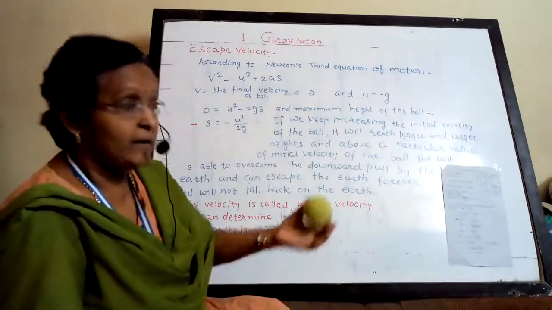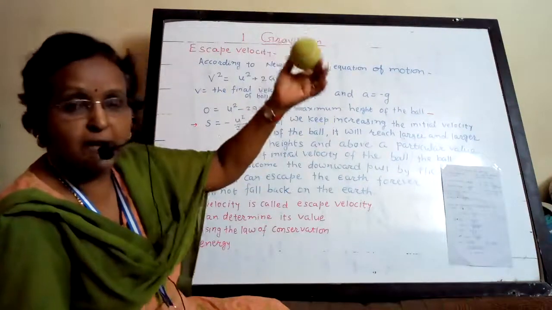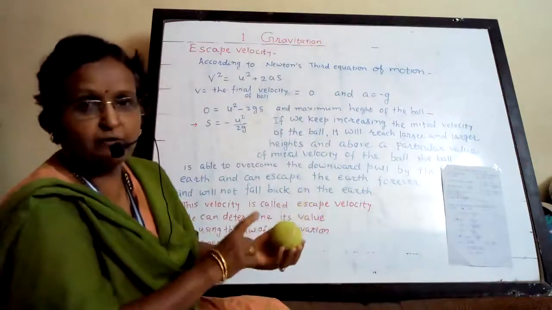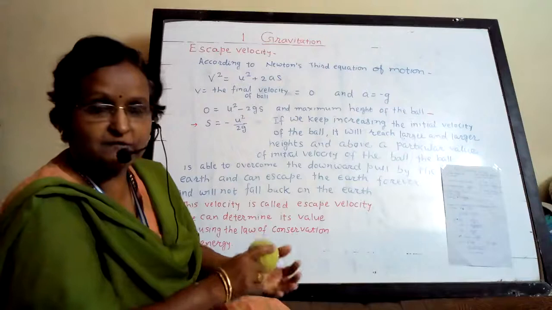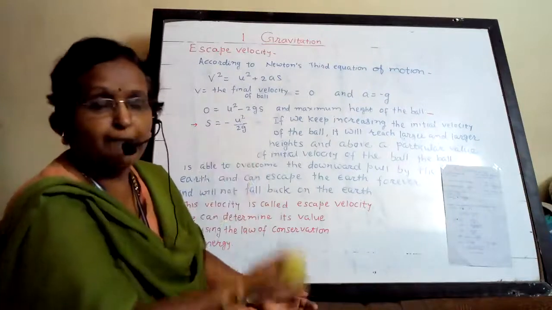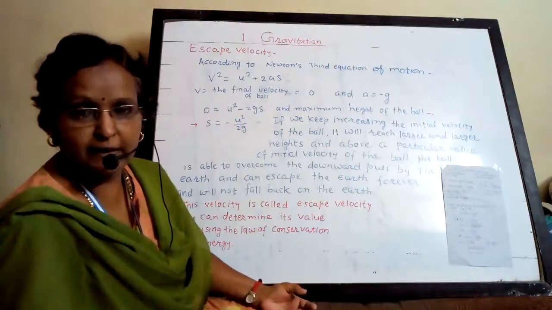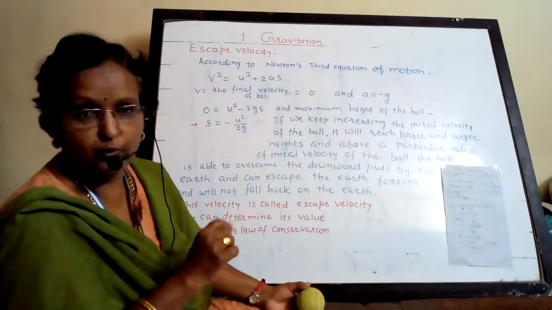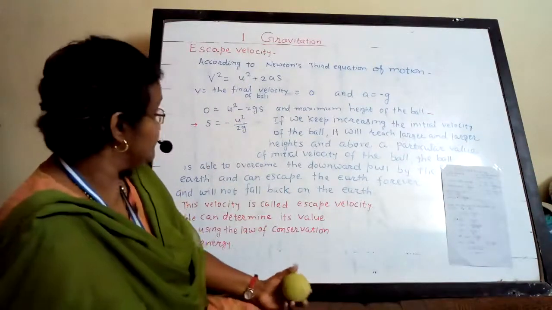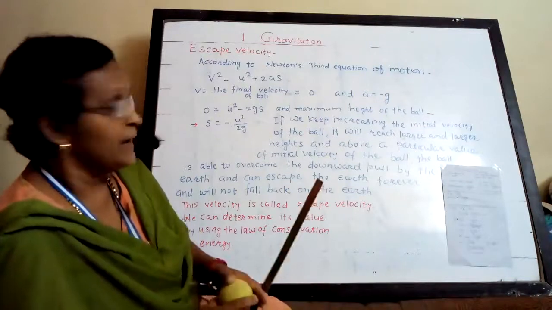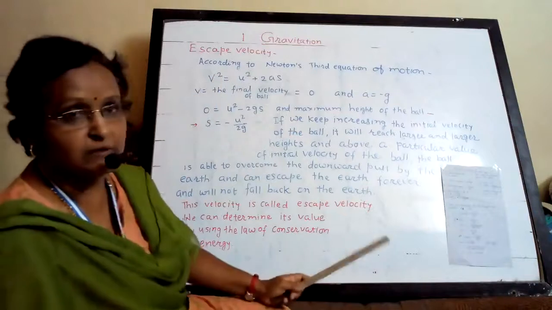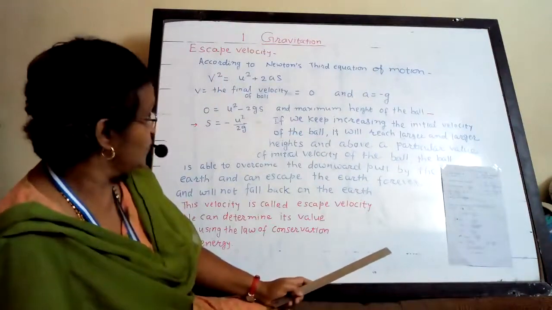Now, how high it goes depends on whatever velocity we apply here. If we apply maximum velocity, it will reach a certain height where its velocity becomes zero, meaning its final velocity is zero. According to the equation of motion, v square is equal to u square plus 2as.